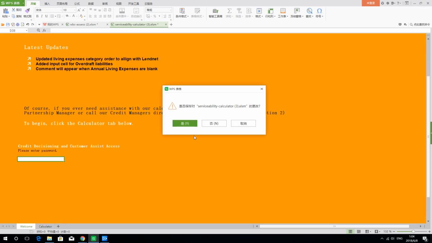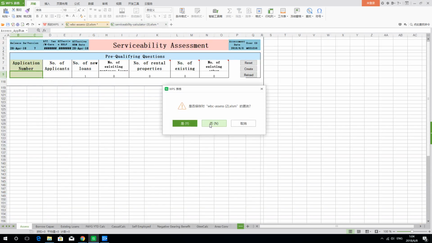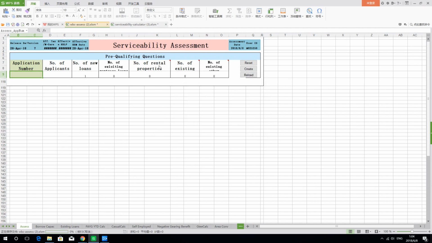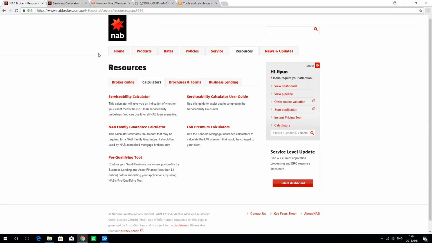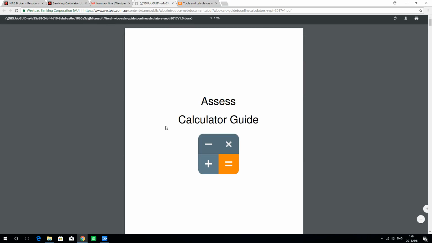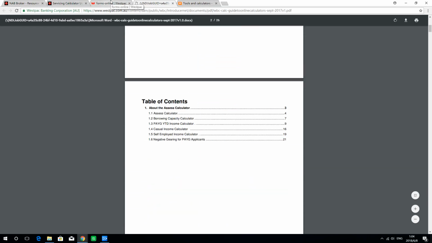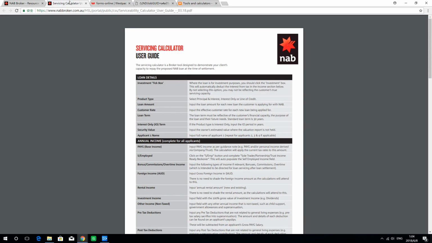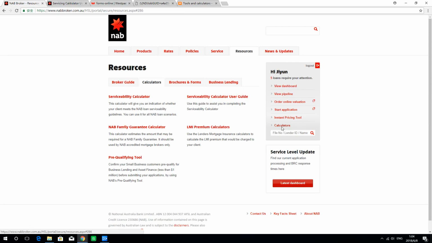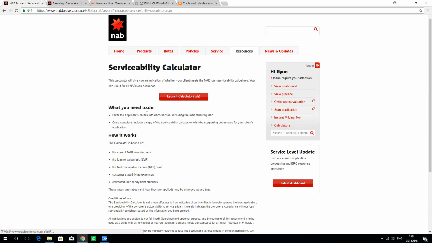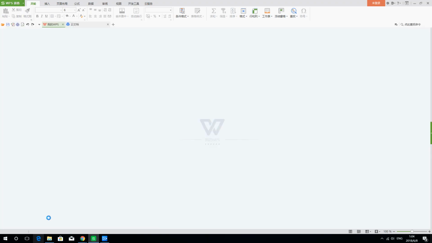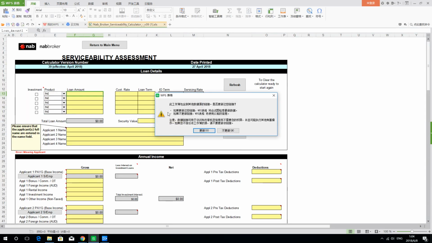Right, let's close this. This is Westpac. They don't fully open this, but if I go and create, they will have something like this. Another point I want to point out is, in all the banks, they have a guide for the calculators, most of them.